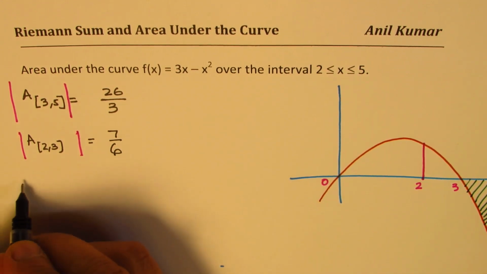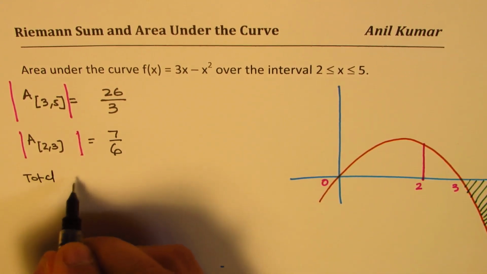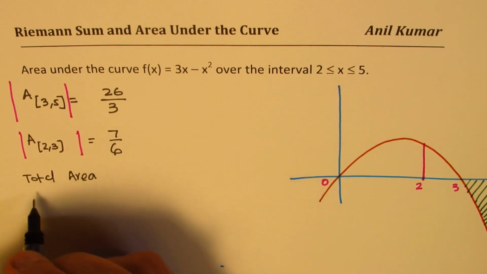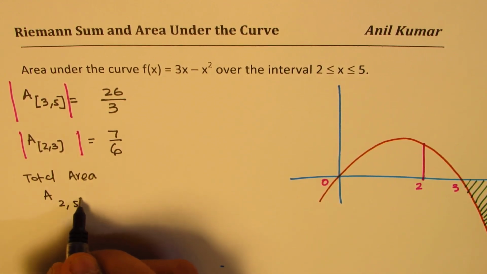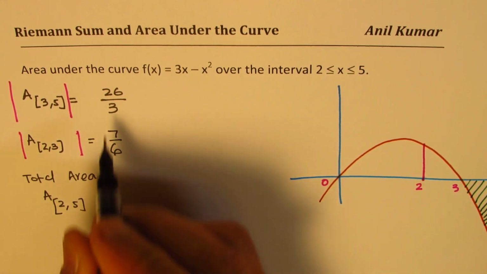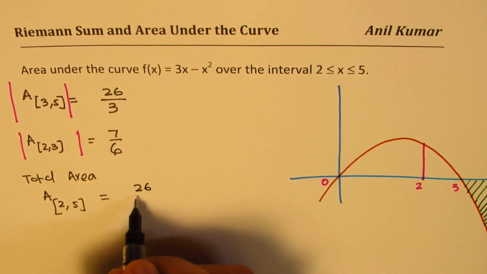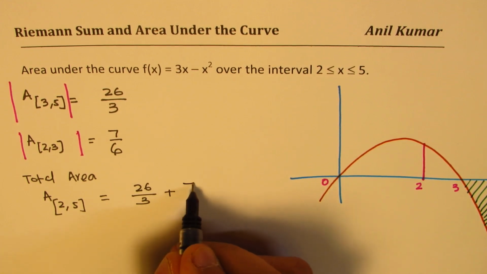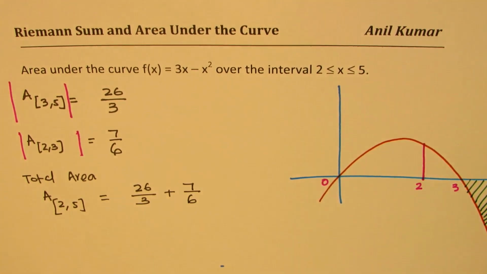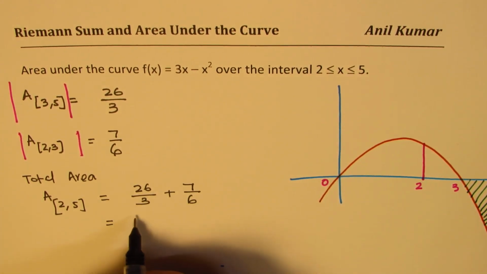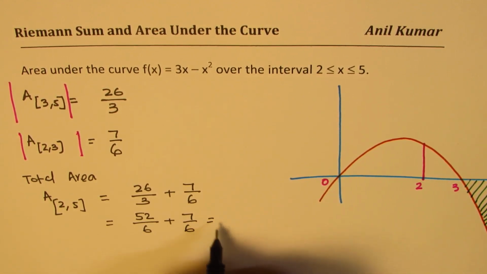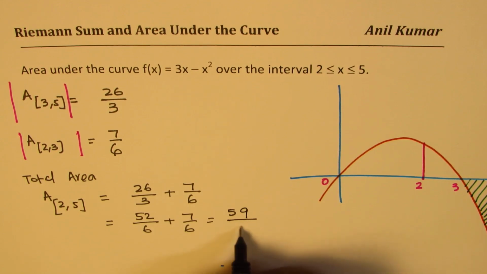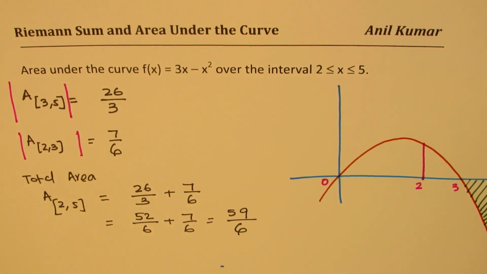So the total area between 2 to 5 is the addition of these two. 26 over 3 plus 7 over 6. Is that clear to you, right? So which is 52 over 6 plus 7 over 6, which is 59 over 6 unit square. So that is how we are going to figure this out.